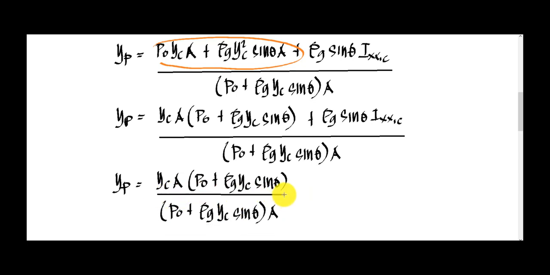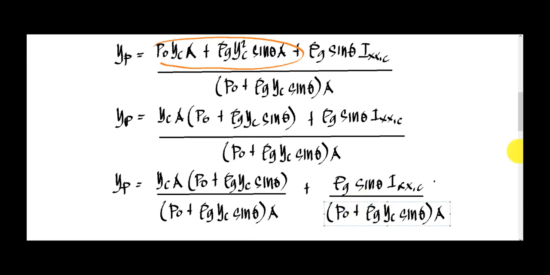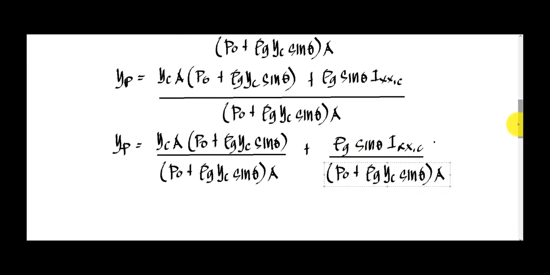So, okay, you can separate it like this. Since they have the same denominator, then you have the plus density, gravity, then you have your sine of theta I xxc, then divided by the same also here. Okay.